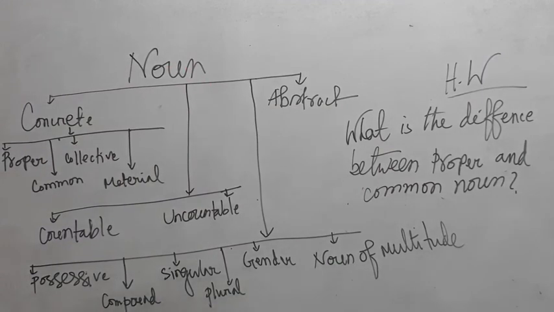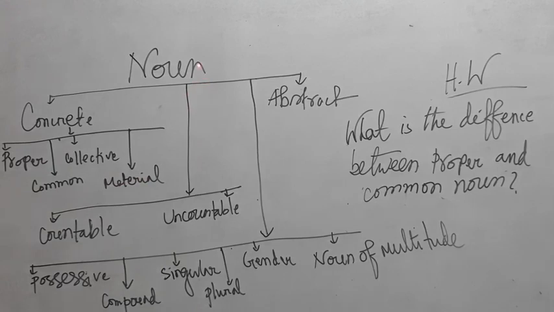First of all, noun, and then noun is divided into 2 parts. I am summarizing, try to have a look. It is divided into 2 parts, concrete noun and then abstract noun. Concrete is divided into 4 parts, proper noun, collective noun, common noun and material noun.